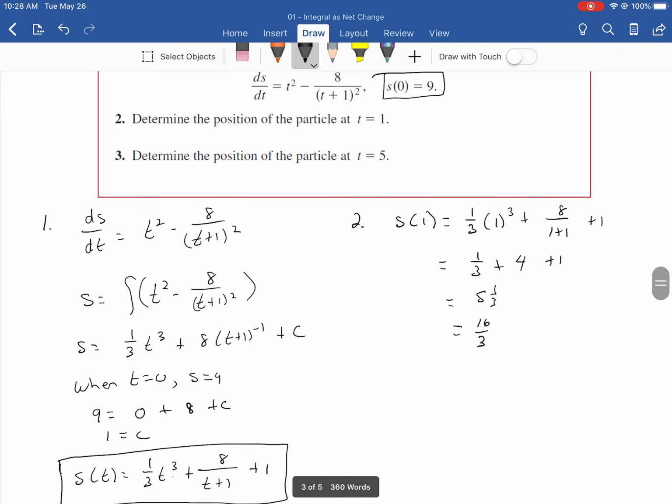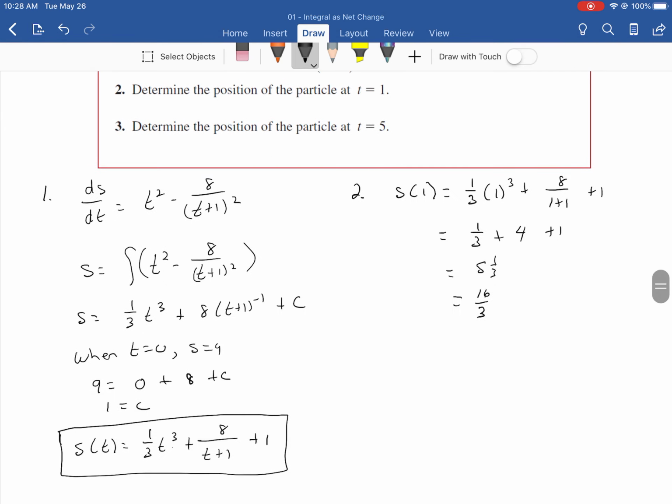But this one does it all in there because we haven't done it to specific limits. We've just done it in general. We want a general equation. And the same with this. If I go s at 5 in that equation, I get 1/3 times 5 cubed plus 8 over 5 plus 1 plus 1. 125 thirds plus, oh, that's the 4/3 again, plus 1.